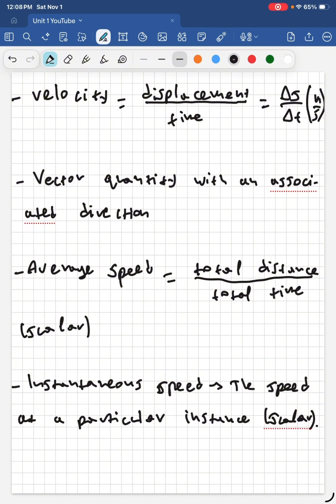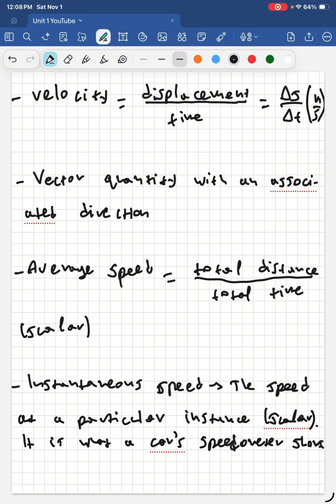But when I was talking earlier, the speedometer actually shows the instantaneous speed, okay? So it is what a car's speedometer shows, okay? Because think about driving, okay?